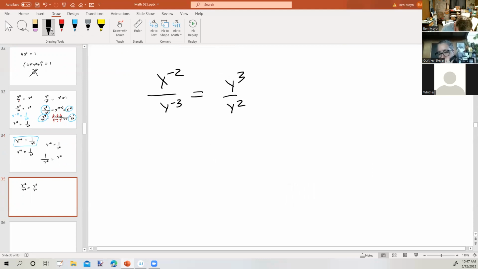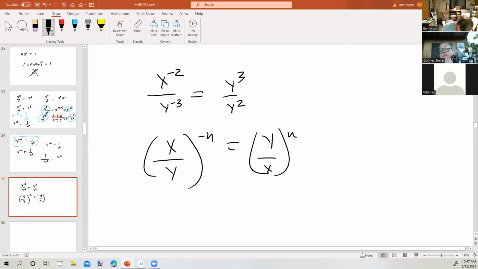So that gets us this idea. Again, you're taking the reciprocal of the base, and it changes the sign of the exponent. Remember what a reciprocal is, or a refliprical, as I like to call it.